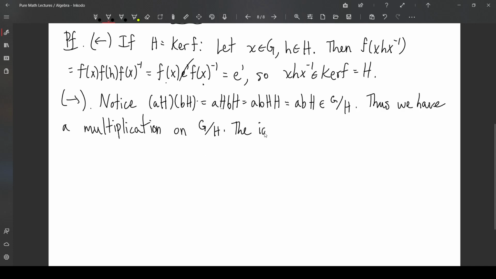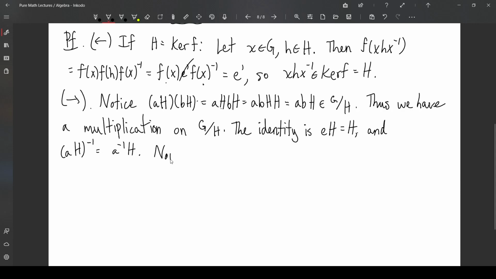The identity is the coset corresponding to the identity element, which is just H, and the inverse of the coset aH is just the coset of a inverse. Okay.